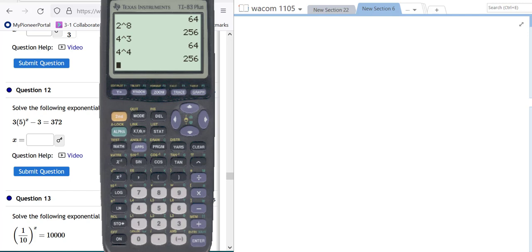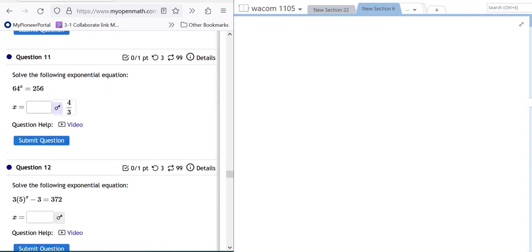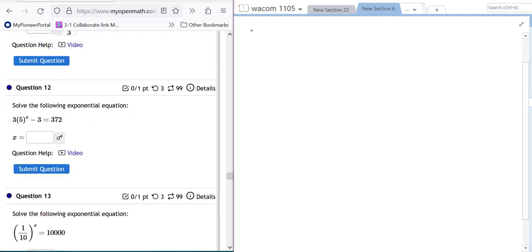All right, let's get the calculator out of the way. The next one you have to isolate before you can do this. So 12. You need to isolate that power part that is to a power.